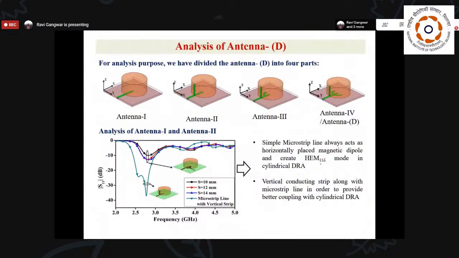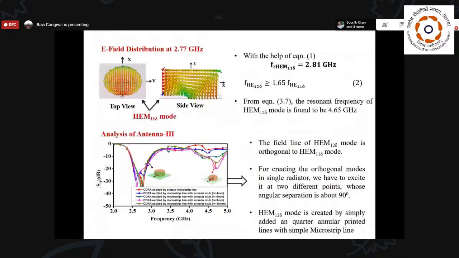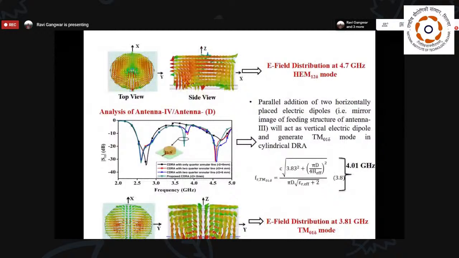From here we can say that we are able to generate the HEM11 delta mode in the cylindrical DRA. And then I have gone through further analysis. Then I can say that in the upper side mode, we are able to generate HEM11 delta and HEM12 delta mode. And when verified with respect to the mathematical analysis, we can say that it perfectly matches that particular analysis.